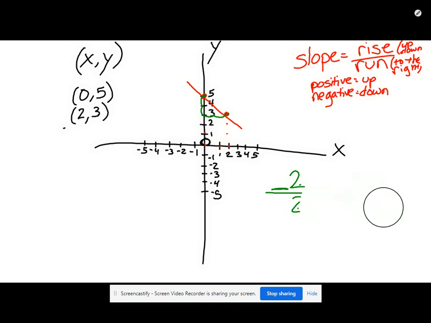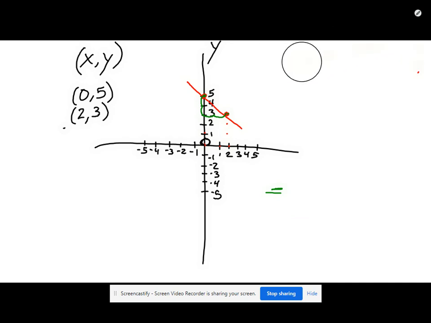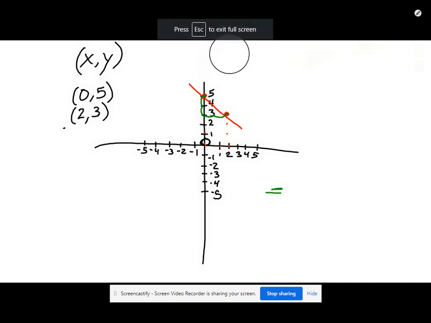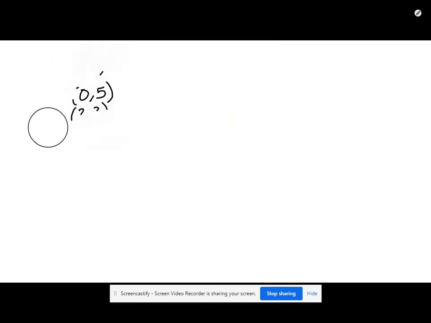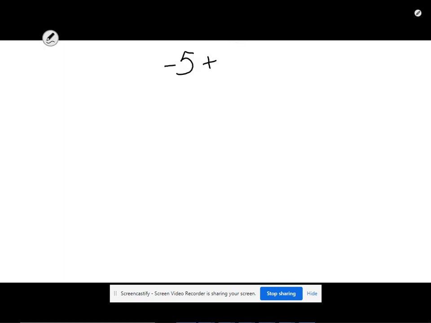Let's see. Negative numbers. There's always negative numbers on the map test. Let's do negative 5 plus 3 equals what? Tristan? Negative 8.